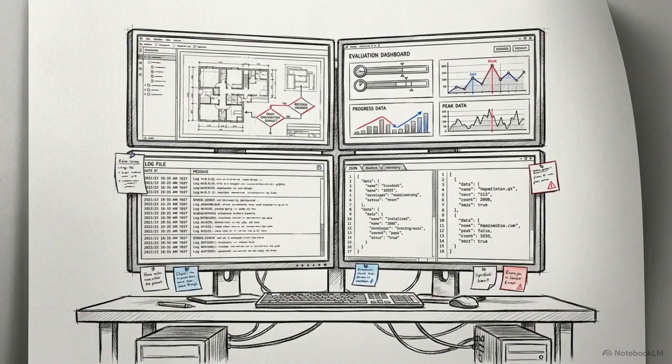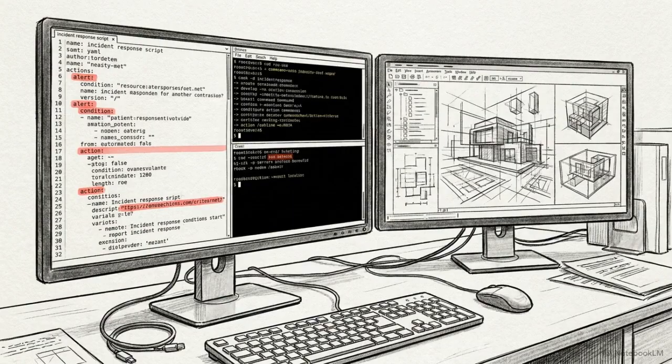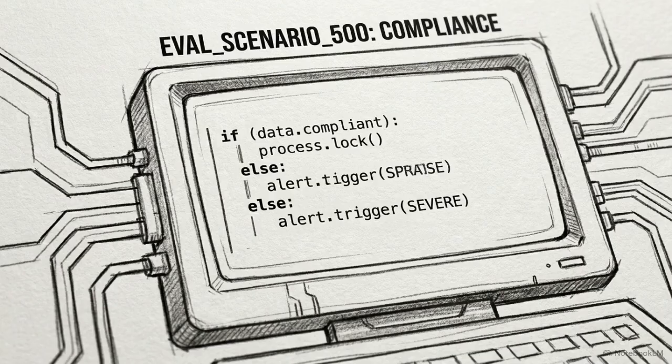It is this highly structured, self-evaluating mechanism, not the raw processing power of the underlying language model, that creates autonomous behavior. To ensure the agent remains predictable after deployment, its logic must be tested against a comprehensive evaluation harness. To stress test the system, engineers write rigid, YAML-based evaluation scenarios, creating hundreds of simulated tasks like complex compliance checks.